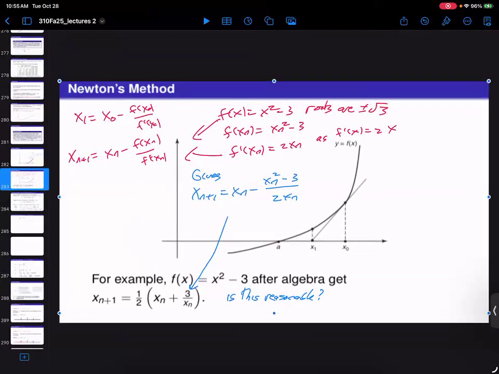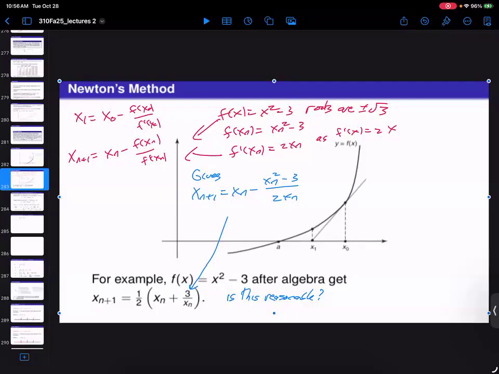But remember, we're looking at f of x is x squared minus 3. What are we trying to find? We're trying to find the root of x squared minus 3. Right? What's the root we're looking for? Say that again.